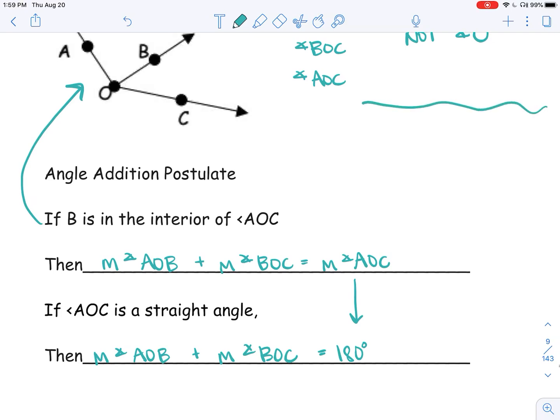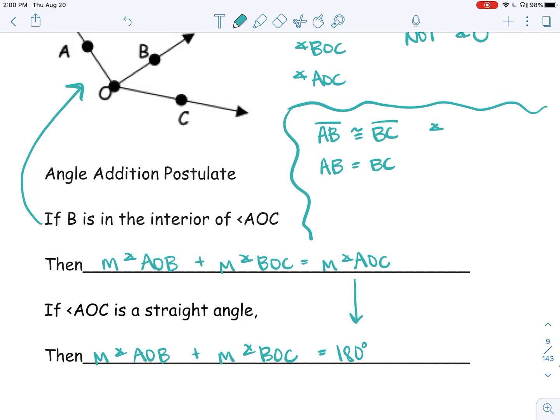So let's take a little adventure into what we did yesterday. Remember how if we had segment AB congruent to segment BC, the minute that we took those bars away, we also took the squiggle away from our congruent sign. This way they represented numbers. In the same way it works for angles.